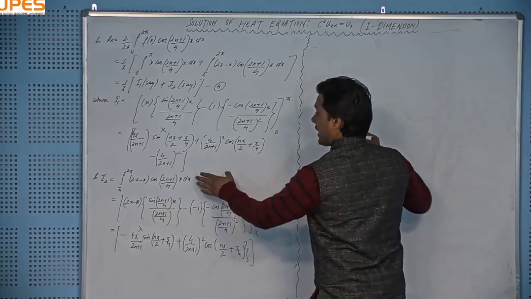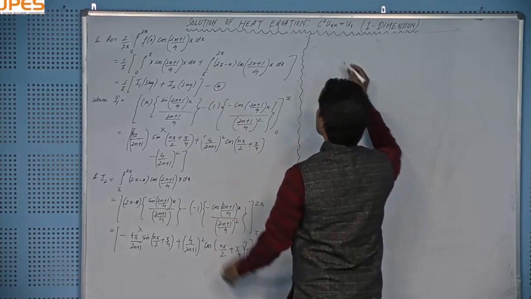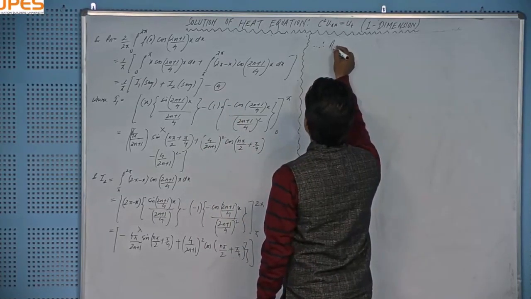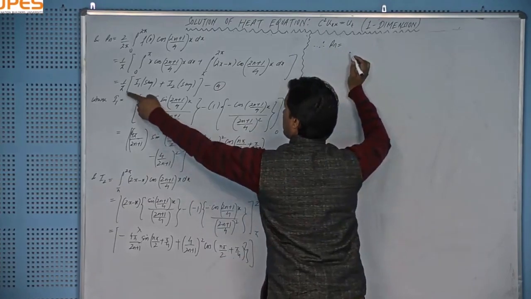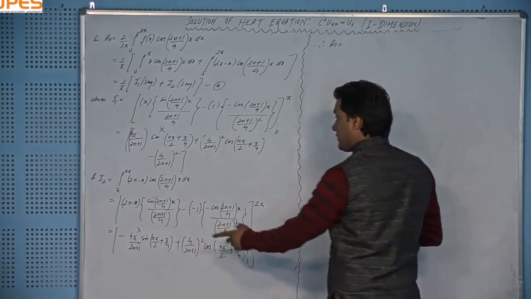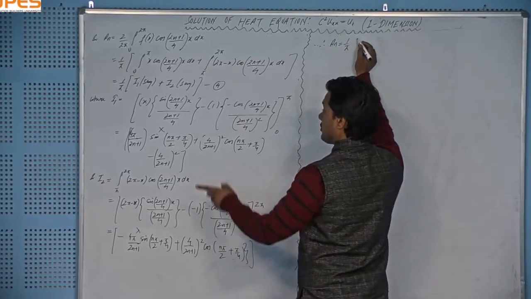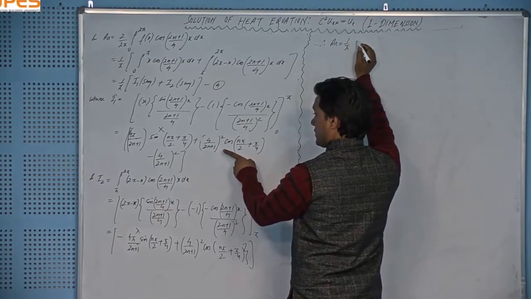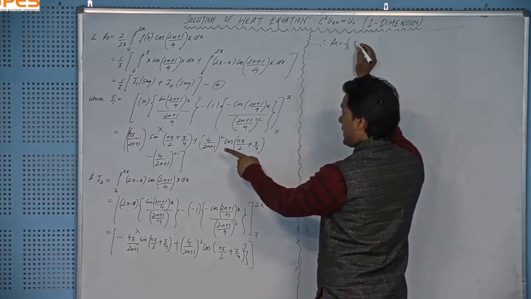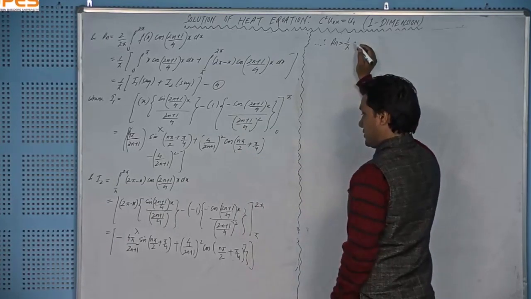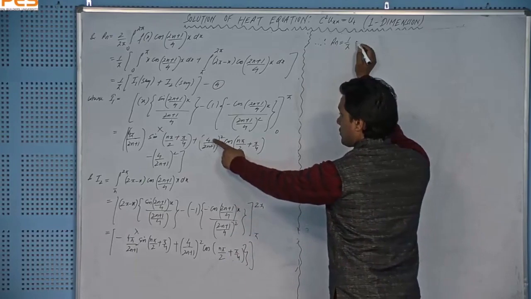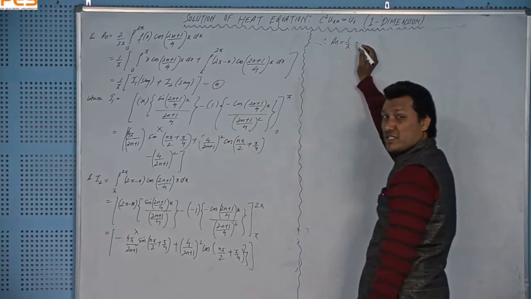On plugging this I1 and I2 here in my equation number 4, therefore an becomes 1 over pi outside, and remember that. So 1 upon pi will be outside, and 1 upon pi gets multiplied with these things, and this will become twice, right? And this is also 16, and 16 plus 16, 32.